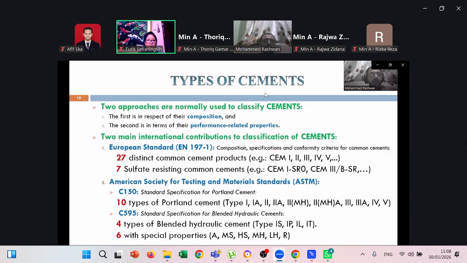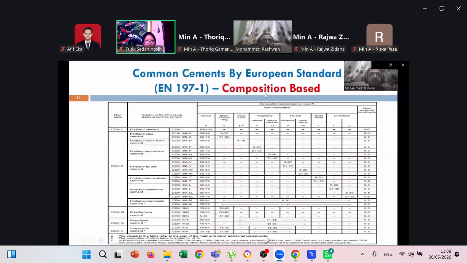Also, there are 6 types with special properties, like type IS(A), type IS(MS), type IP(HS), and so on.